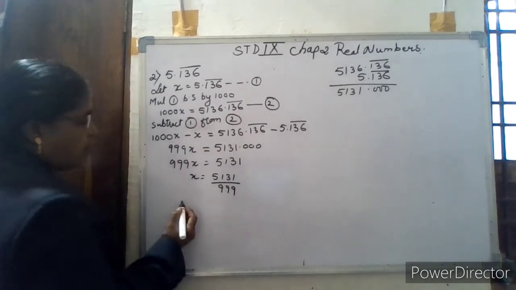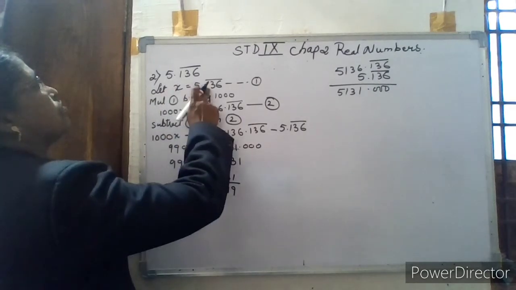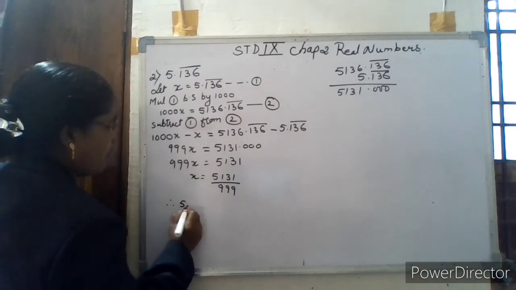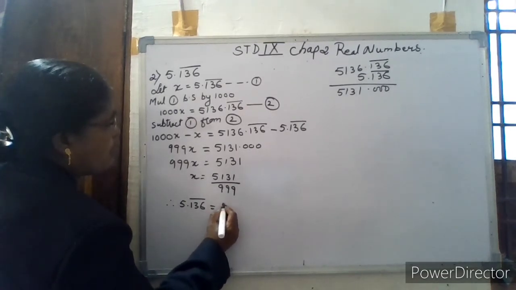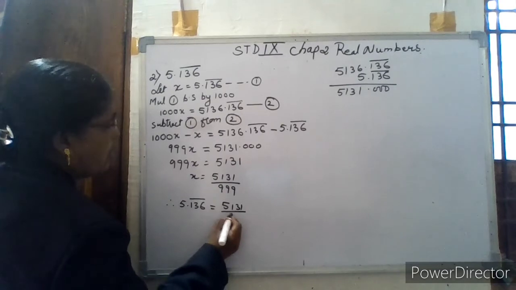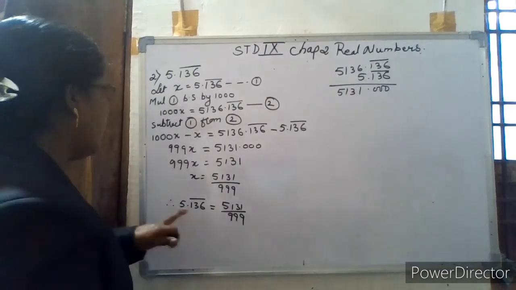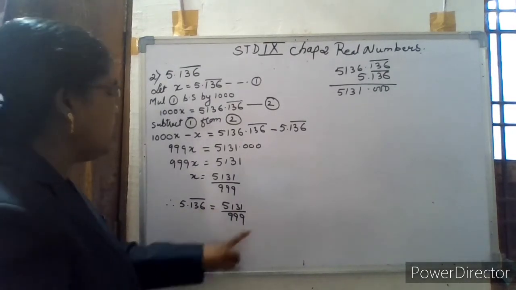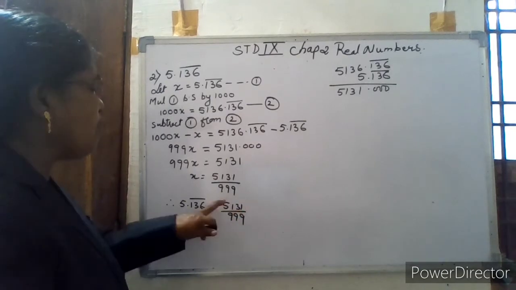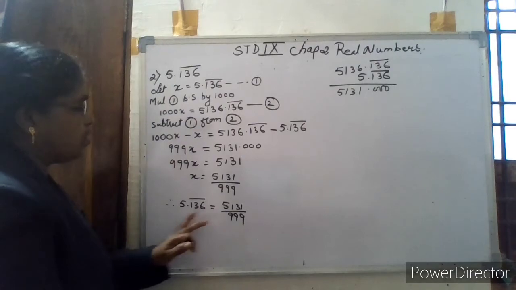Therefore what is x? x is equal to 5.136 recurring, which is equal to 5131 upon 999. That means this non-terminating recurring number is converted into rational form, in the form of p by q.